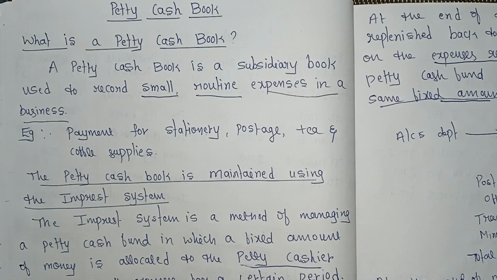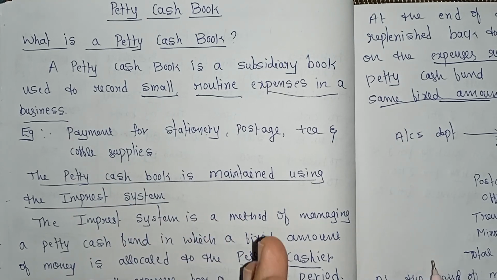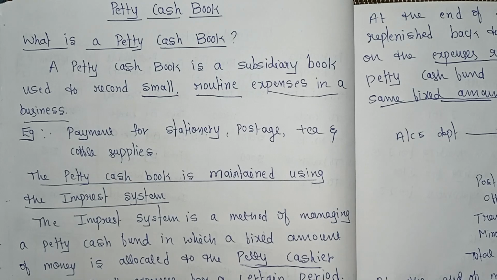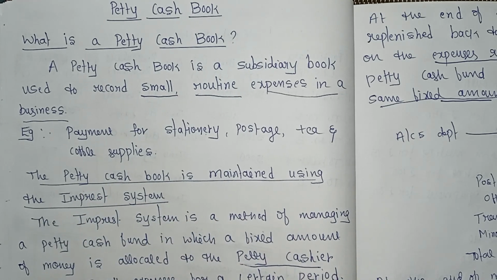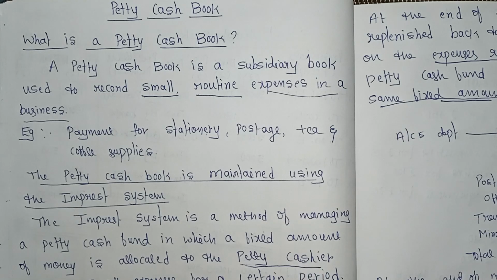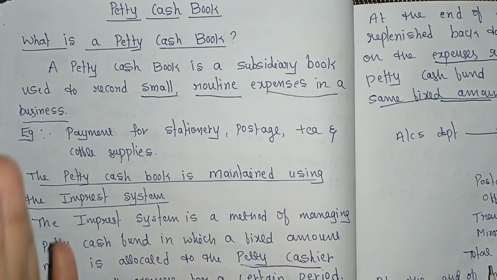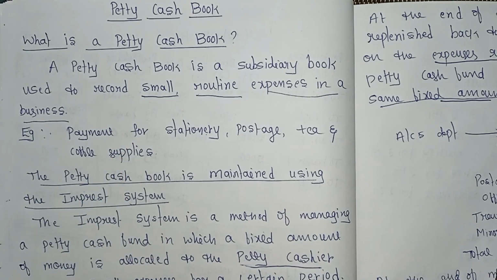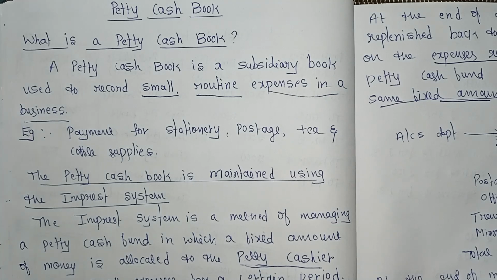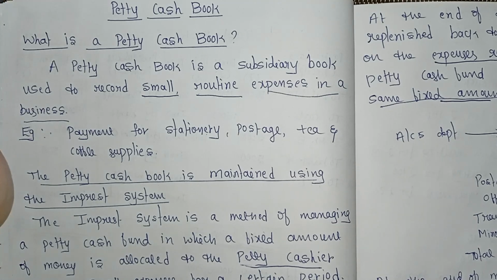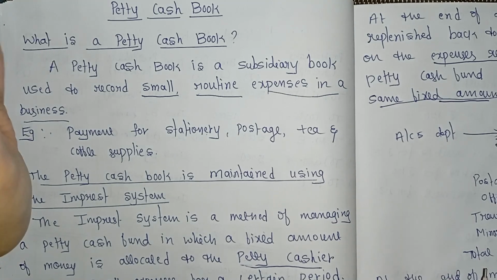They are specialized books of original entry used to record the transactions of a specific type. Instead of recording all the transactions in the journal, businesses use subsidiary books to organize and simplify the bookkeeping process. Here, if we maintain the subsidiary books, we need not record the transactions again in the journal.